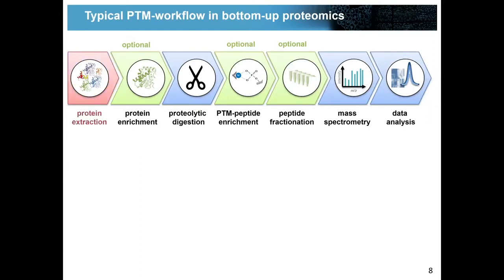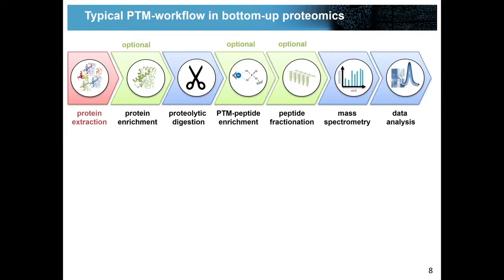The first one is the step of protein extraction. As in any proteomic experiment, first of all, you need to extract the proteins from cells or some type of sample. That's always a very important step. However, when it comes to PTM analysis, it's especially important because the total concentration of a protein in the sample is rather stable on the order of a few minutes, because before the total protein concentration really changes dramatically, you need to activate transcription, translation, and all that stuff.